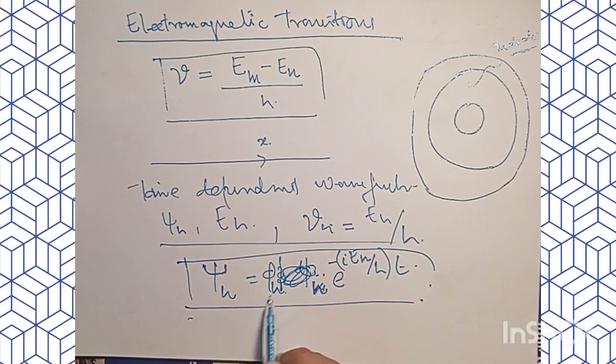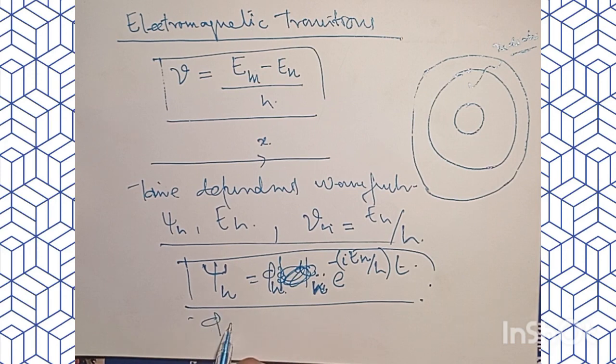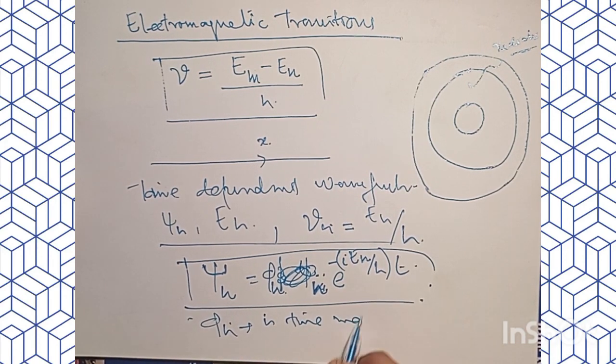So psi n is phi n e to the power of minus i En by h times t, and this phi n is the time independent wave function.